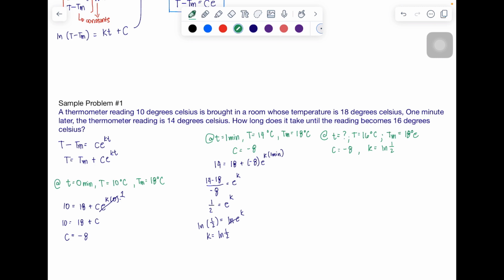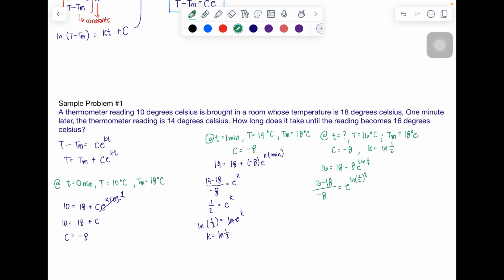Okay, let's substitute. We have 16 is equal to 18. So let's already put the negative sign, negative 8 e to the ln of 1/2 times time. Simplify. That's 16 minus 18 over negative 8 is equal to e to the t ln 1/2, which is also basically 1/2 to the t.